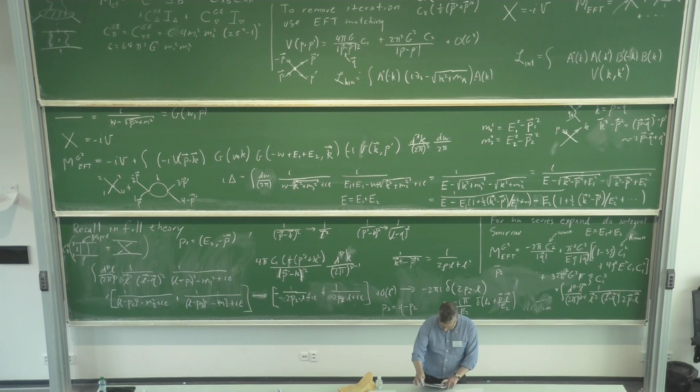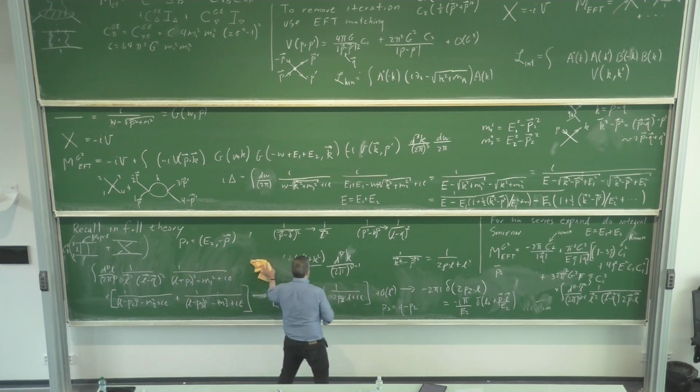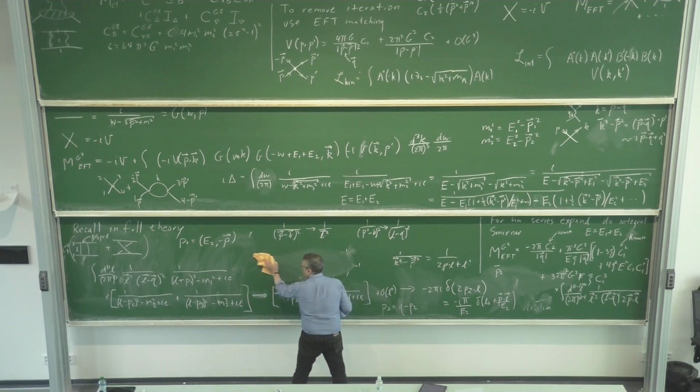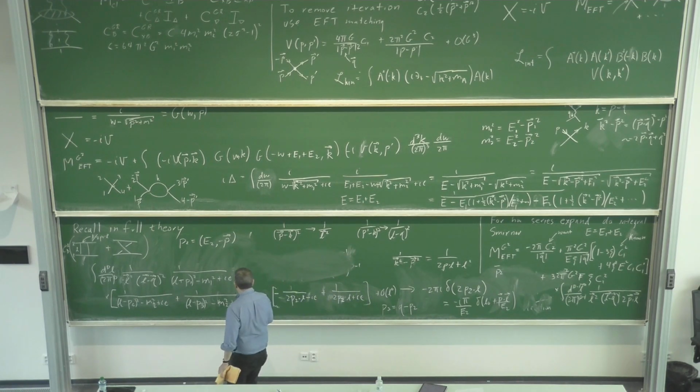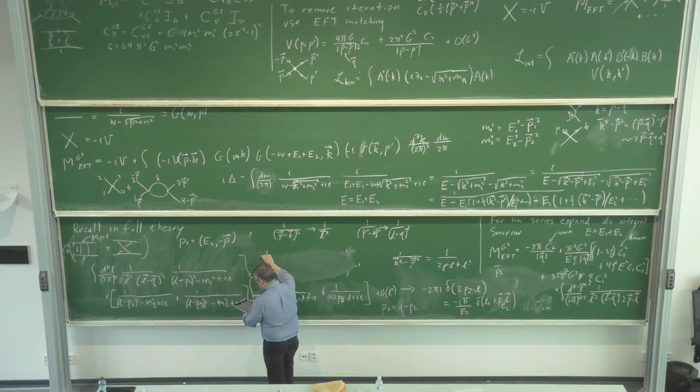I see I am running out of some time. And the answer for this integral, let's see where I can put it. Oh, good, I can put it right here. So this integral, all of this combination, when you just do that substitution, you get 1 over E1 plus E2.